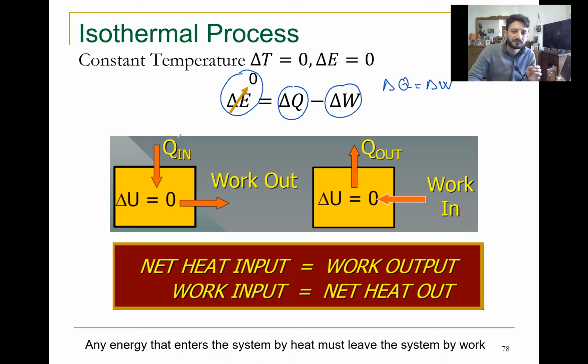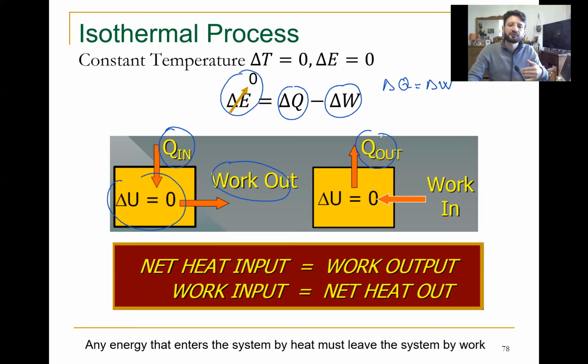Look, Q added, Q hot, equals W out. We don't have any increase of delta E. And also, if we release a quantity of heat, in this case we have work in.